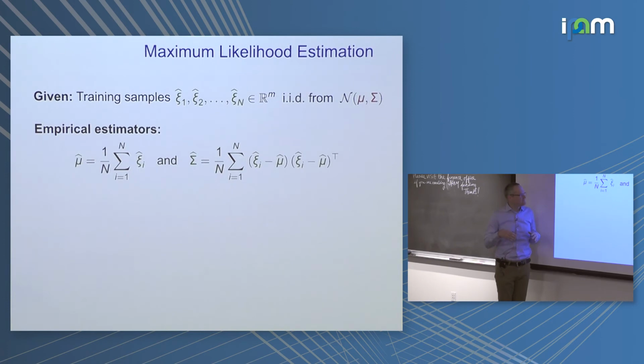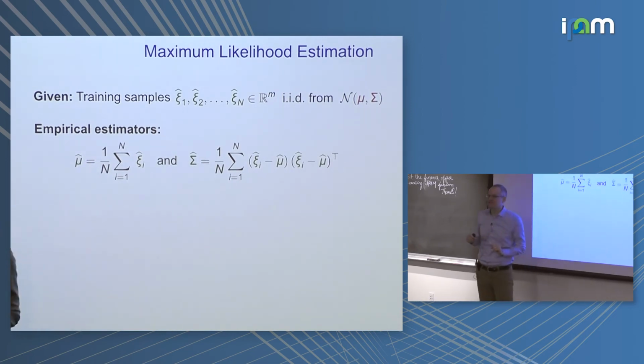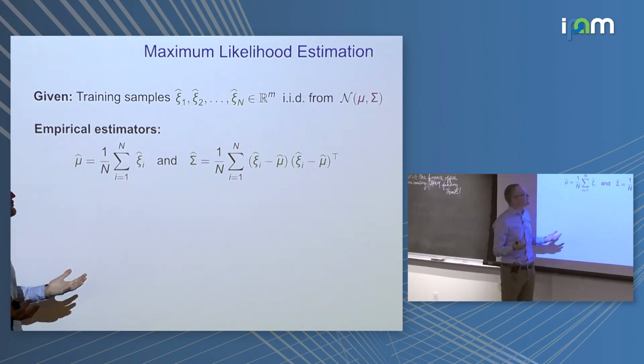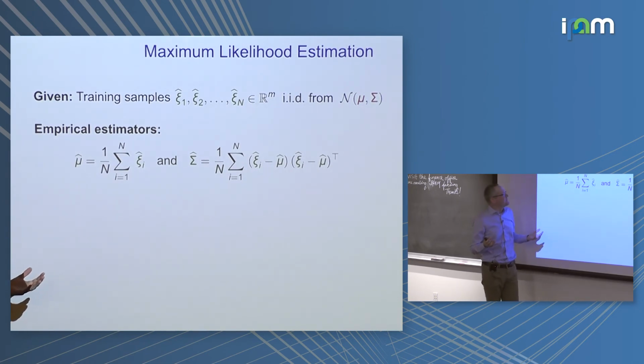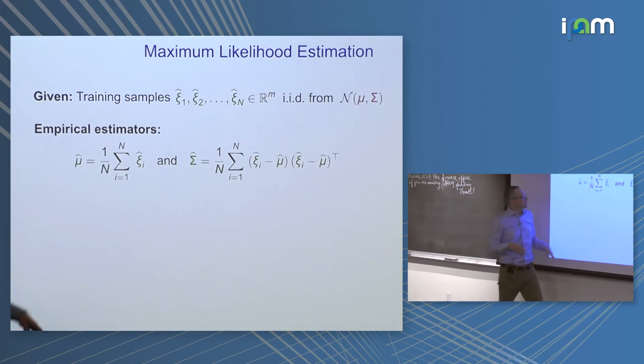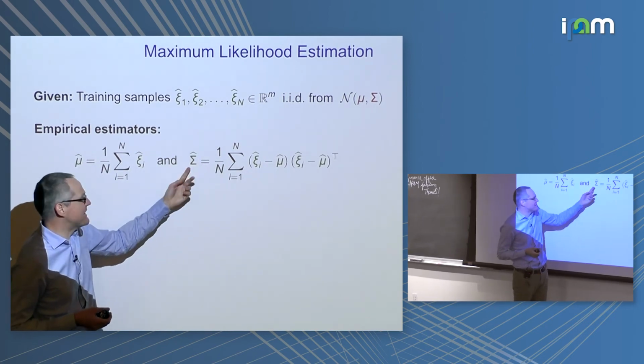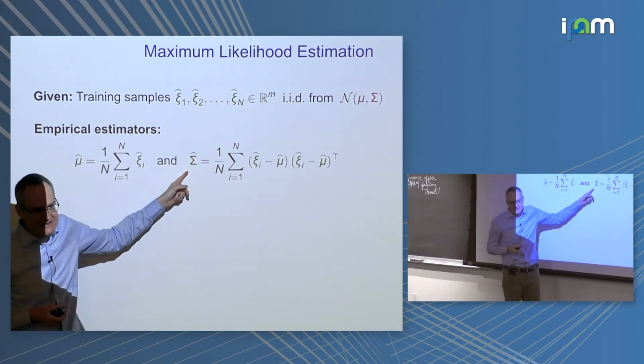So first, a very naive approach is just to estimate the mean and the covariance matrix as the empirical mean and the empirical covariance matrix, which are just the actual mean and covariance matrix of the empirical distribution that places mass 1 over n on each training sample. So if we construct these estimators, then we can try to construct an estimator for the precision matrix by just inverting this sigma hat here.